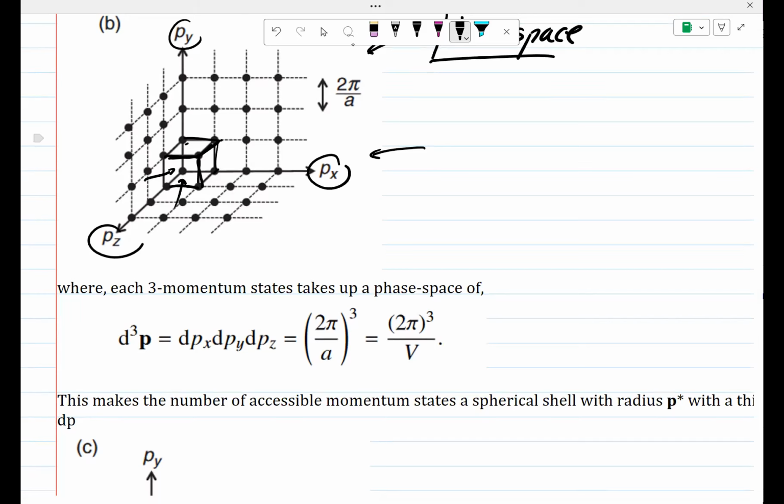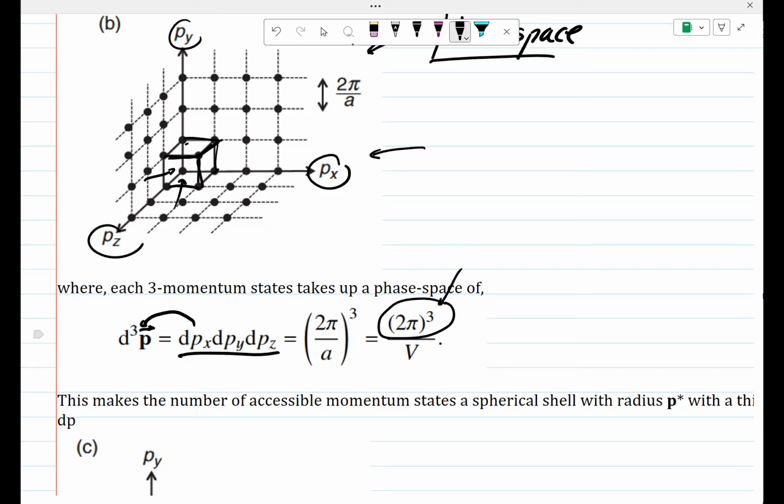You can shrink this cube into tiny bits, and now you have this three-dimensional differential in momentum, where it's just dp_x, dp_y, dp_z, and the shorthand for this is d^3 p, the boldface p. The book doesn't do this, but you can draw the vector in if you want. And this is going to be constrained to some 2 pi to the third power.